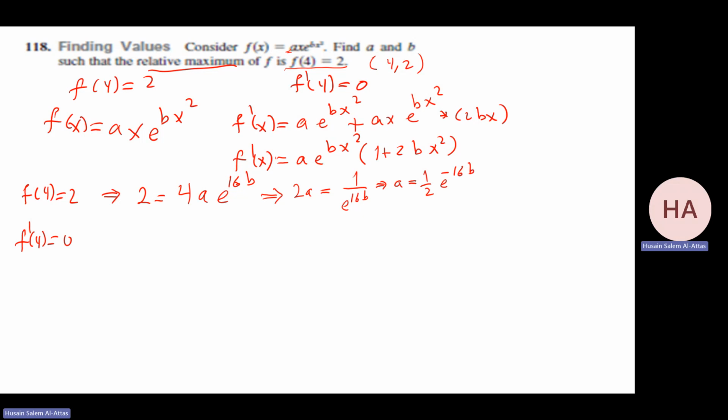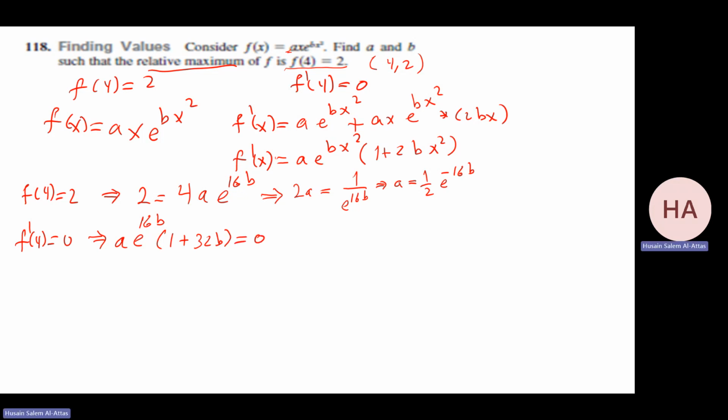Okay, f prime at 4 equals 0. That implies what? A e to the 16B times 1 plus 2 times 16, that is 32B, equals 0.